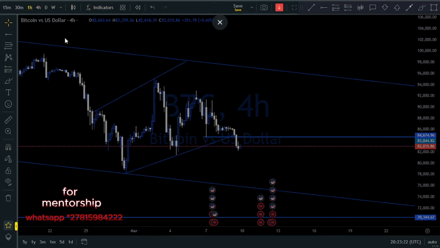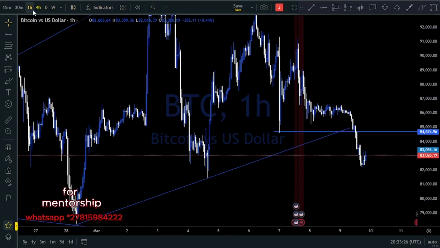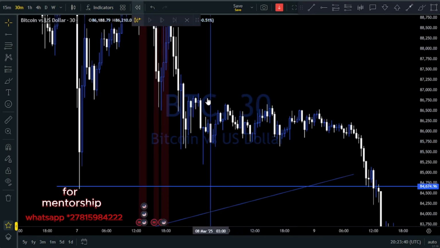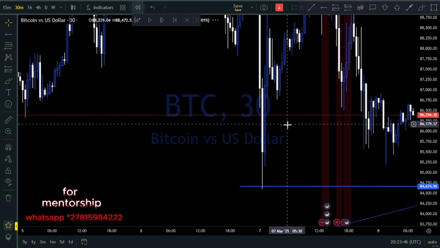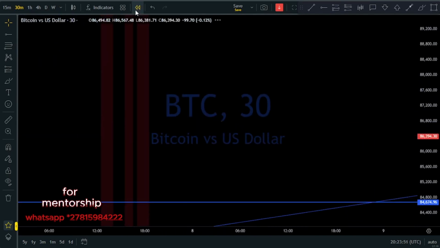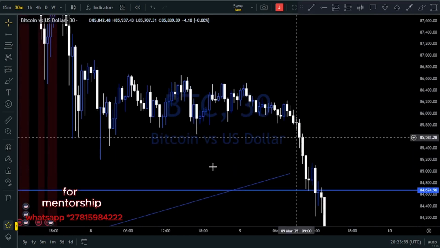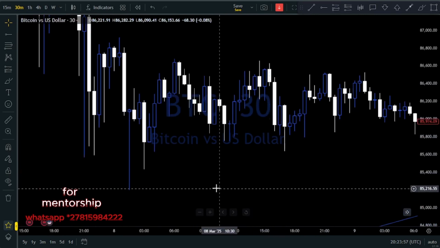And then on smaller time frames, like on 30 minutes, I think the market was something here. Let me just find where the market was.